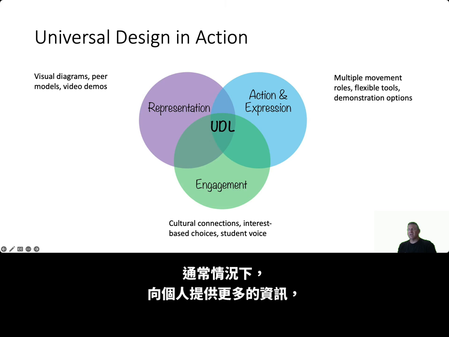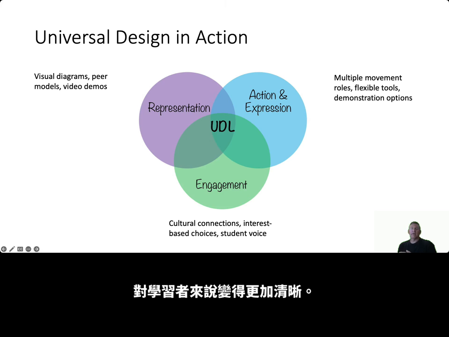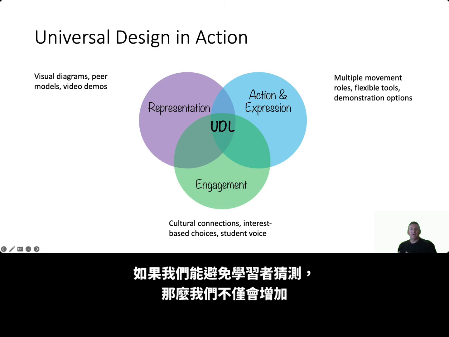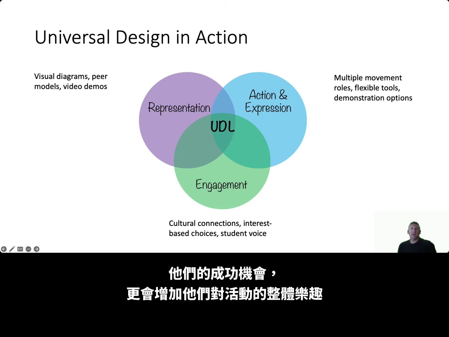Oftentimes, the more information that we can provide to an individual, the clearer it becomes to the learner. If we can prevent the learner from guessing, then not only do we increase their chance of success, but their enjoyment of the activity overall.